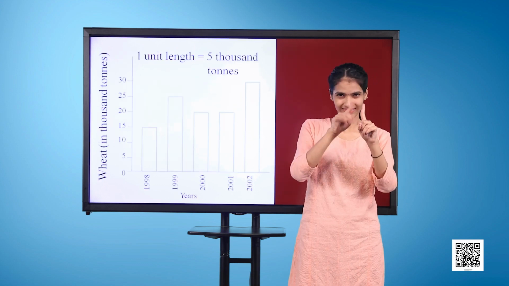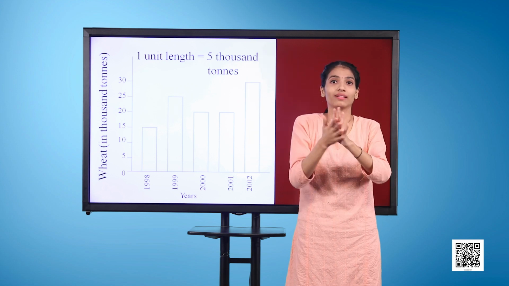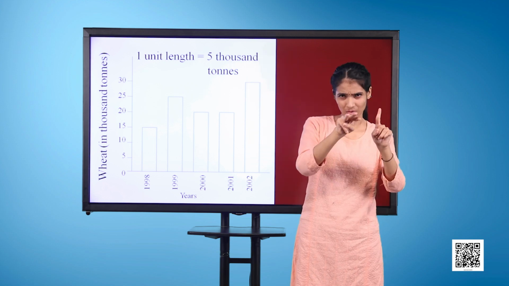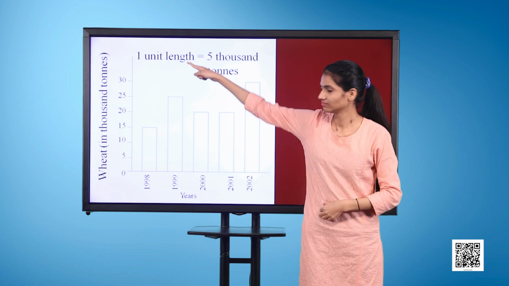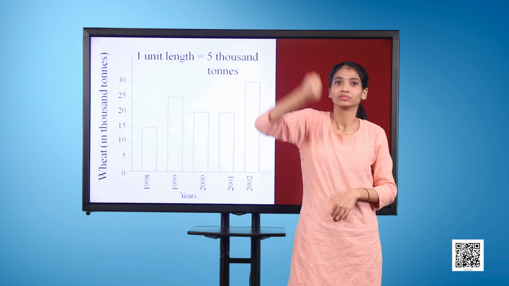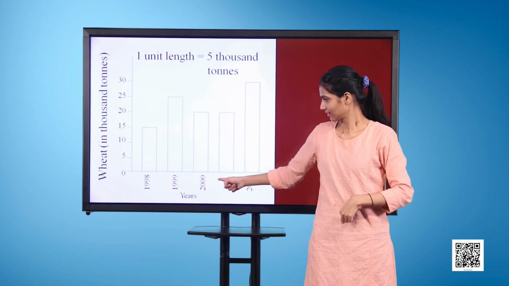We have the bar graph showing the years and wheat in 1,000 tons. 1 unit length is equal to 5,000 tons. Read the bar graph and write down your observations.